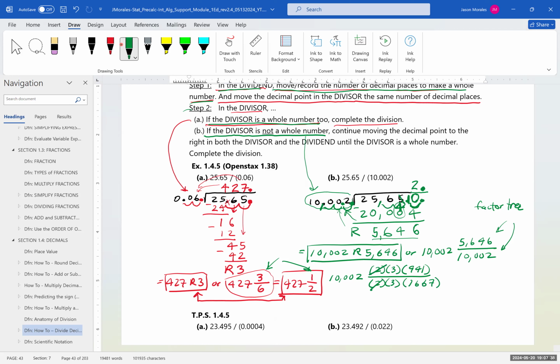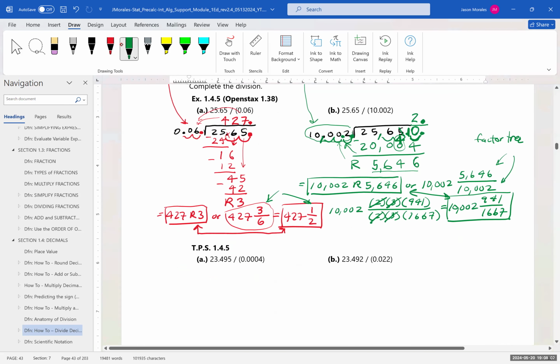So the 2's cancel, the 3's cancel. So we're left with 2 and 941 over 1,667. So that is the reduced mixed fraction of the quotient. So we've written the quotient in this form and in this form.